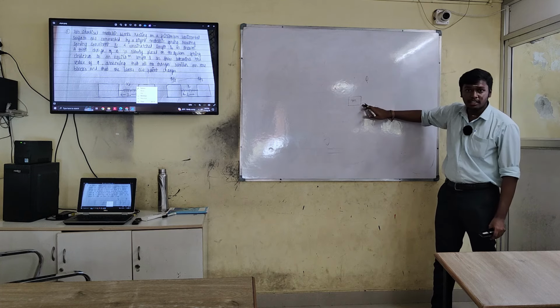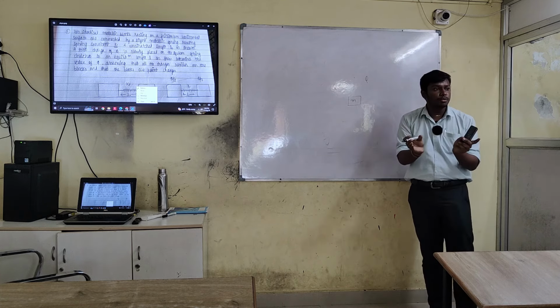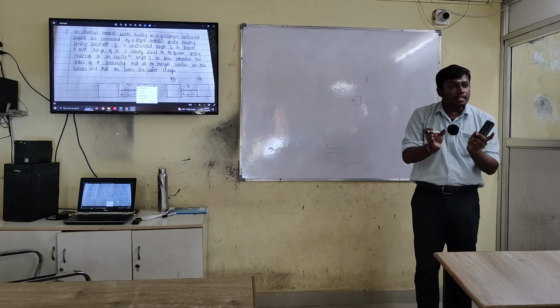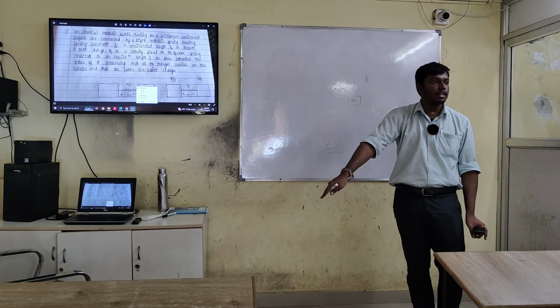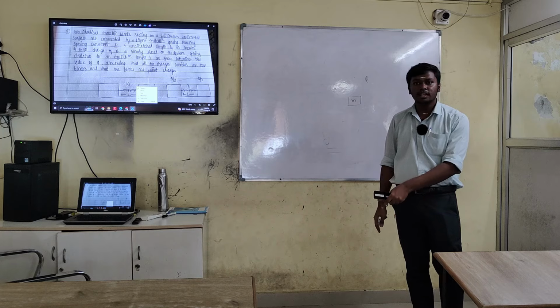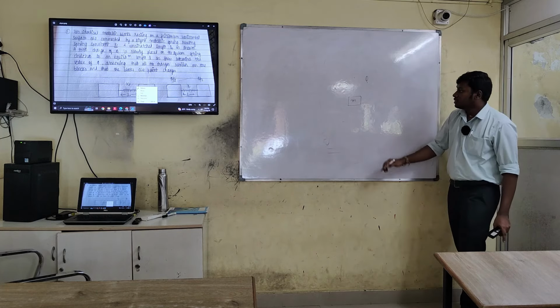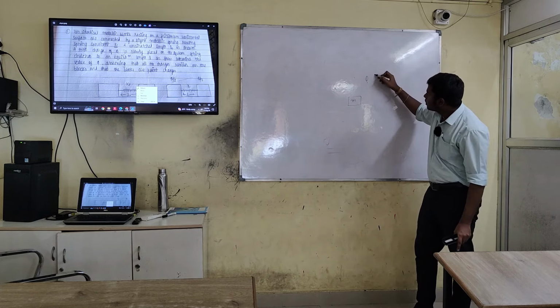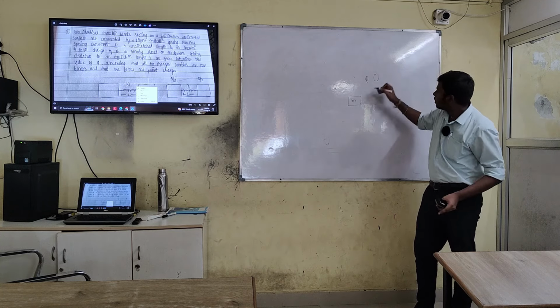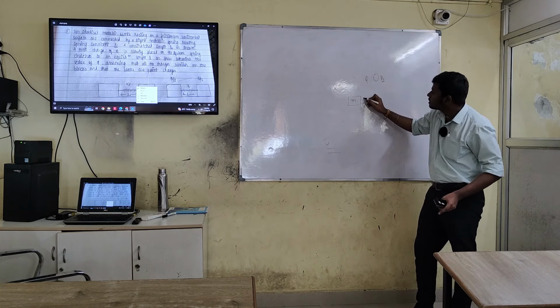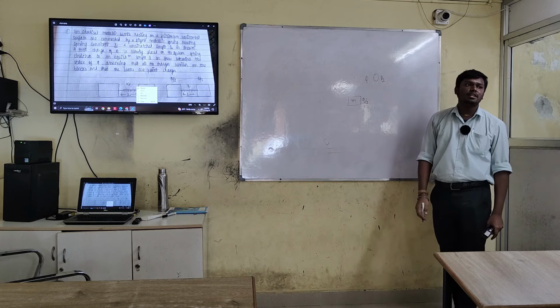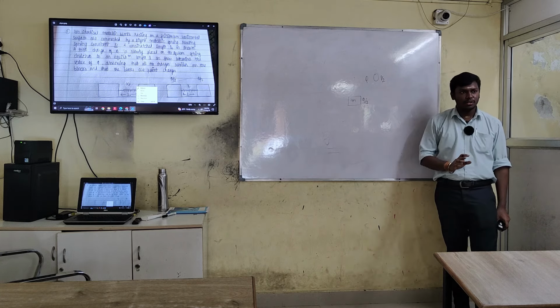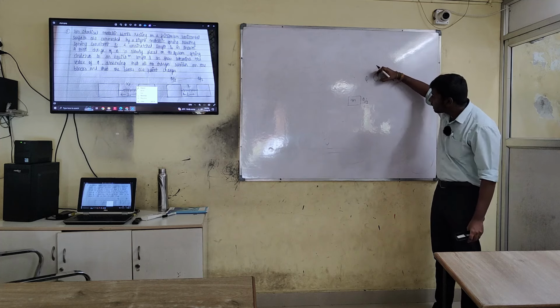After I touch, the charges will be equally distributed. This is in concern with the law of conservation of charge. So after I touch this body, the charge which I am touching will also come to Q by 2, and the charge of this body also will come to Q by 2. Yes or no? Now what am I doing? I am taking this charge.